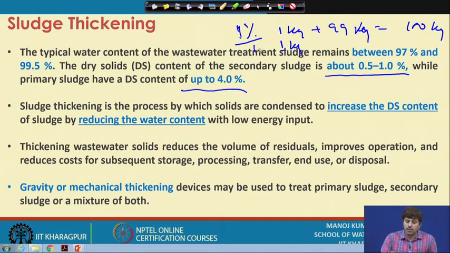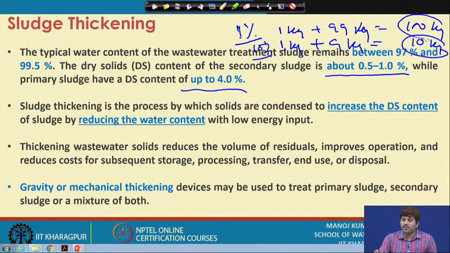But now, since my water content is 90%, I will have just 9 kg of water and my total weight is just going to be 10 kg. So I have saved 90% of the weight, or if the specific gravity is more or less similar, 90% of the volume, by increasing the solid content of the sludge from 1% to 10%.